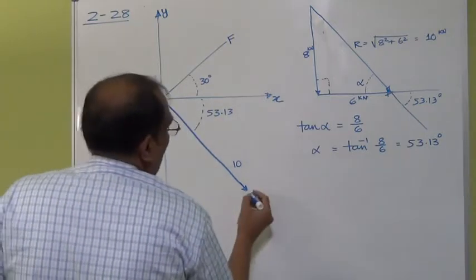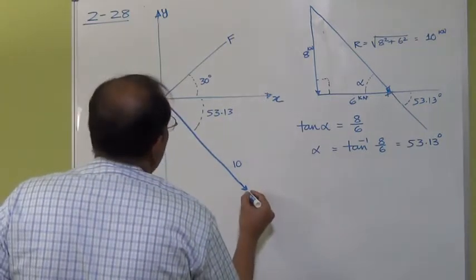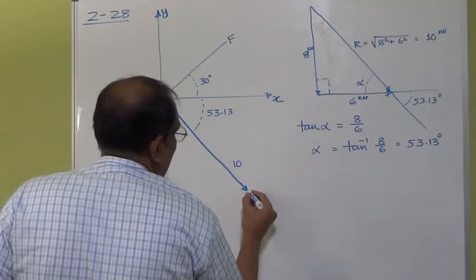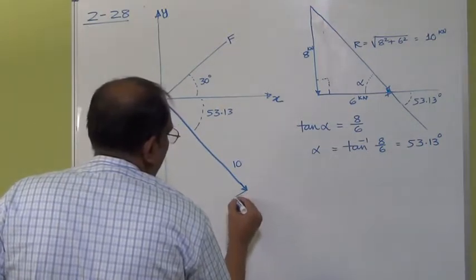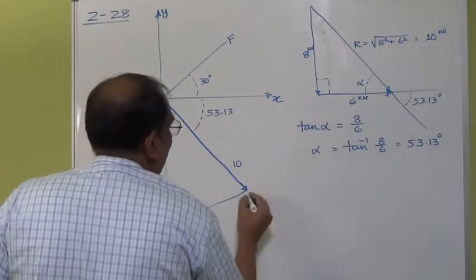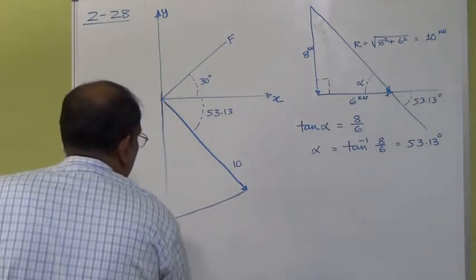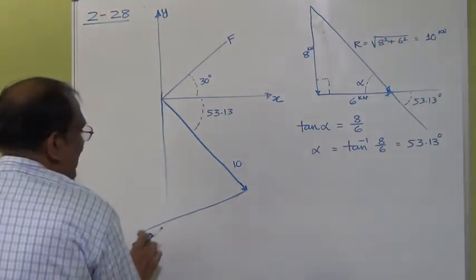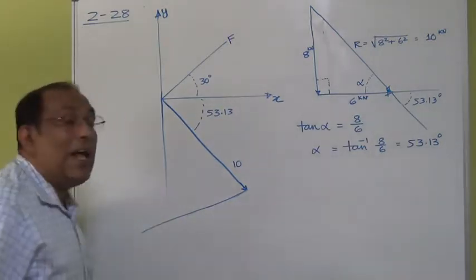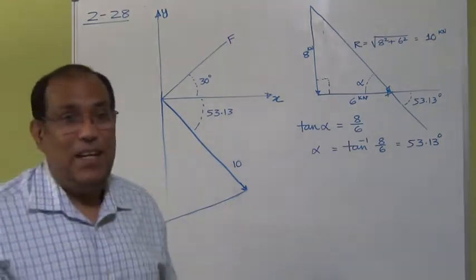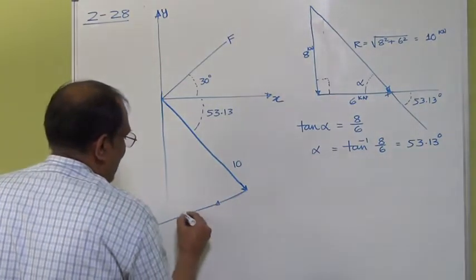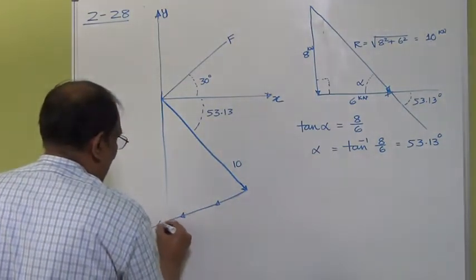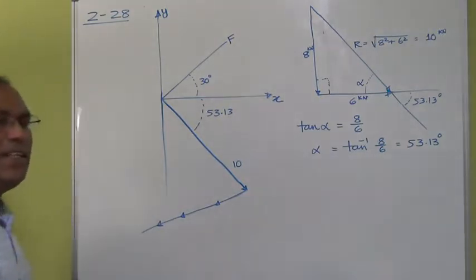I have to go to here, and then I have to draw a parallel line here. Since this value of F is not given, it could be here, it could be here, it could be here, right?